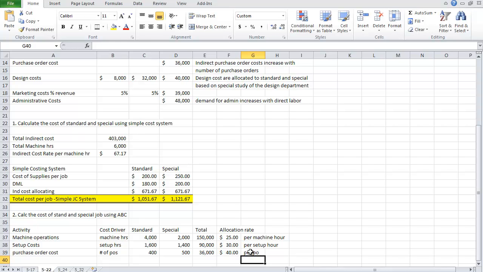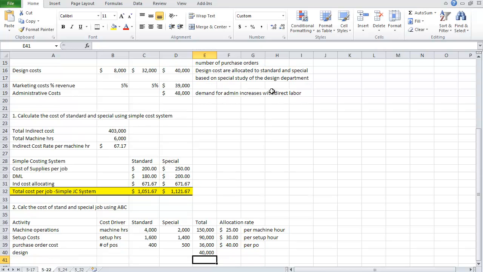The next area of cost is our design. Our design costs in total are given to us as $40,000. It tells us that they're to be allocated based on a special study.